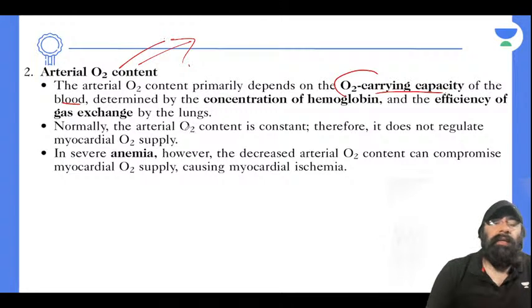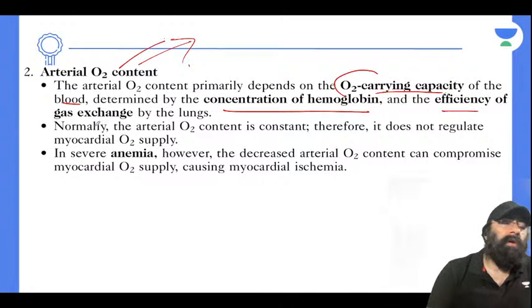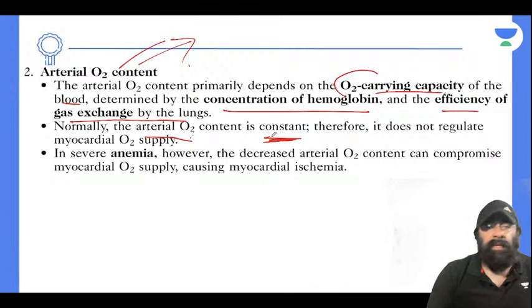It is determined by, first, how much hemoglobin there is, and number two, how good the gas exchange capacity and efficiency of your lungs is, and the number of hemoglobin molecules. Normally arterial oxygen content is a constant and the body tries to maintain it.